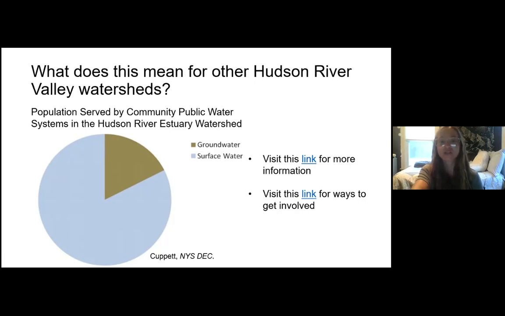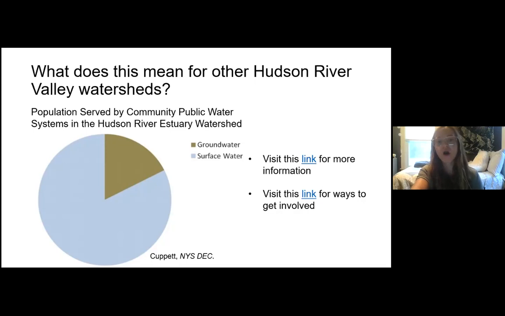Because we rely on this water so heavily, as you can see through this pie chart, over 80% of the population is served through surface water. That's the blue value here, based on community public water systems. This is within the Hudson River estuary watershed, which is where I am in Poughkeepsie and where Hyde Park is. But there's also a chunk that is served by groundwater.